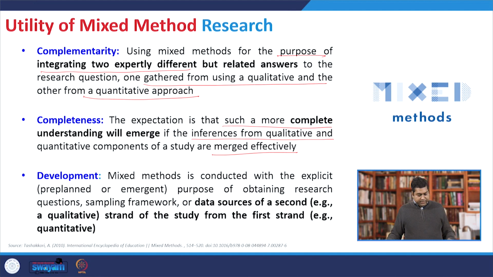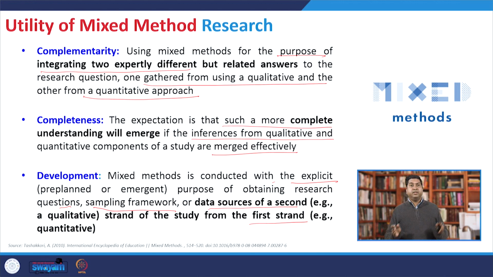Next pointer is the development. So mixed method is conducted with an explicit, or we can say pre-planned or emergent, purpose of obtaining research questions, sampling framework, or data sources of a second strand, the second part of your study, that is qualitative in nature, from the first strand, which is quantitative.